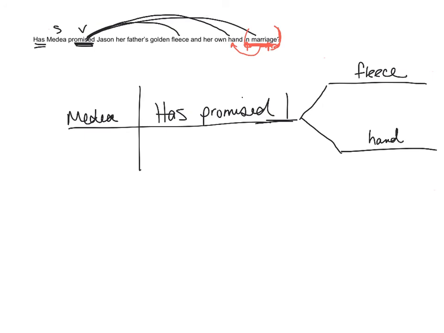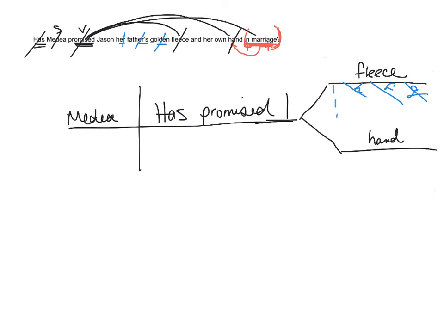That's why we want to make sure that we're putting who's doing the action up front so that we don't end up with main ideas in prepositional phrases. Okay, Medea has promised fleece, hand. And now we can start putting the danglies in. Her father's golden fleece, so we have her father's golden fleece.